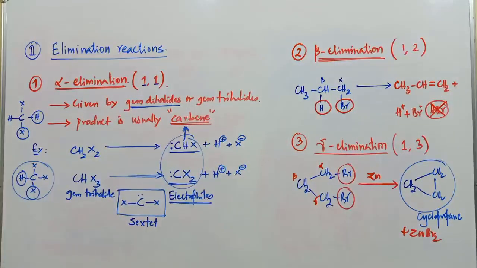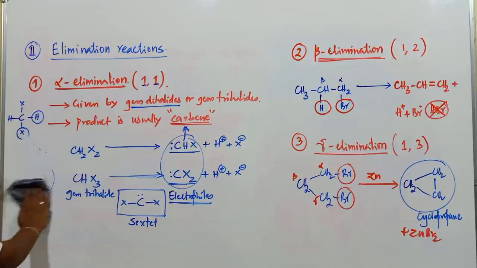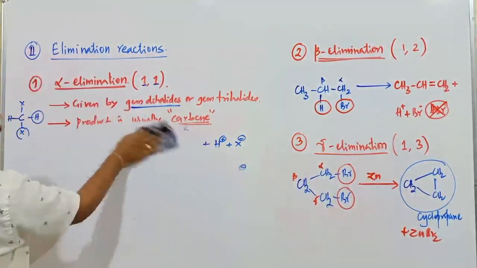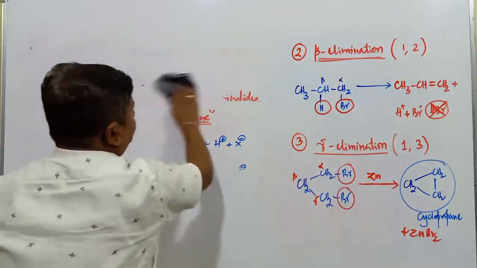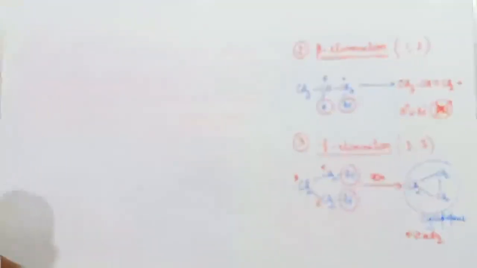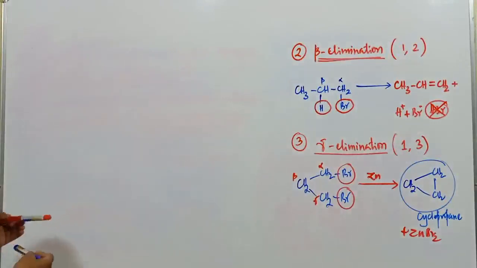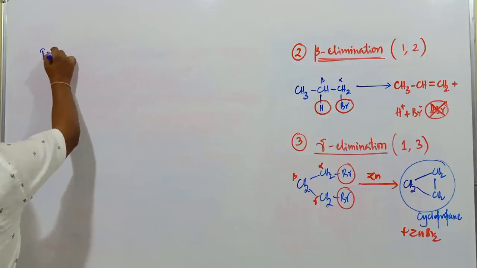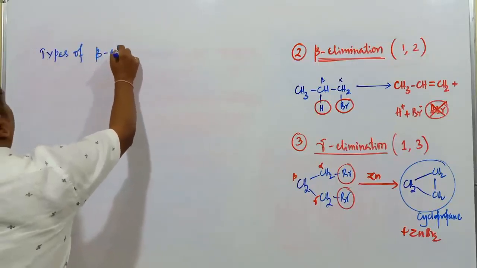Copy it. Right. Next one. Types of beta elimination reactions.